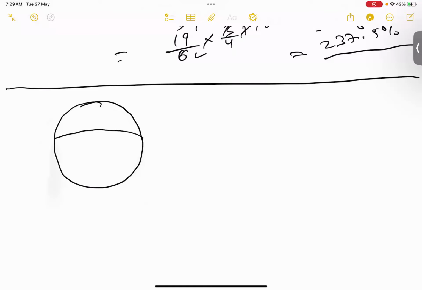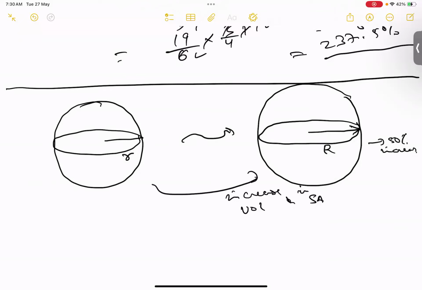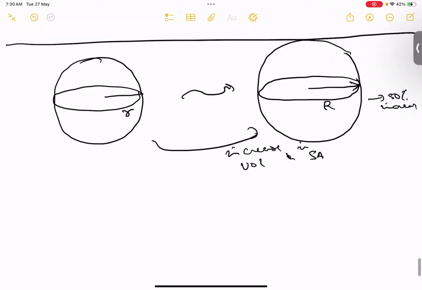We don't know what the radius is, what the volume is. Now this is converted into another, we don't know what the radius one is also, but we know that as per the question, the radius has been increased by 50%. So naturally there will be an increase in, since the sphere is getting bigger, right? So there will be an increase in volume and surface area, right? So we just have to find what percentage has been increased, okay? How much percentage has been increased? That is the value we have to find.